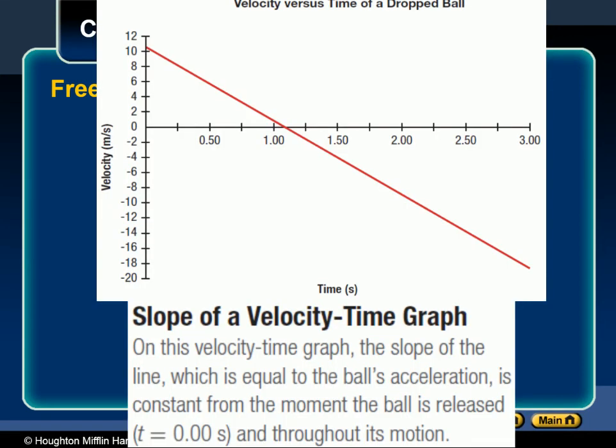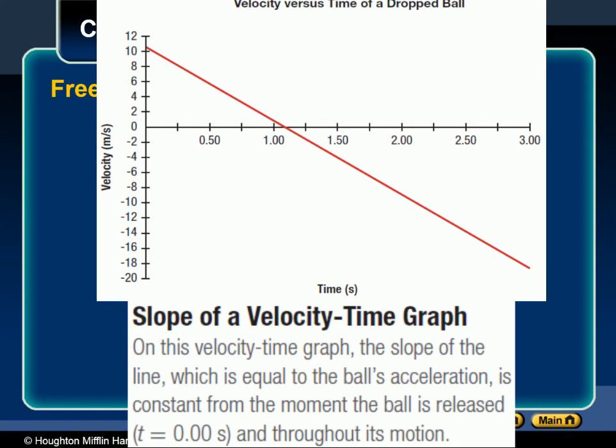The graph in Figure 3.3 on the screen now shows the velocity of the ball plotted against time. As you can see, there is an instant where the velocity of the ball is equal to 0 meters per second. This happens at the instant when the ball reaches the peak in its upward motion and is about to begin moving downward.